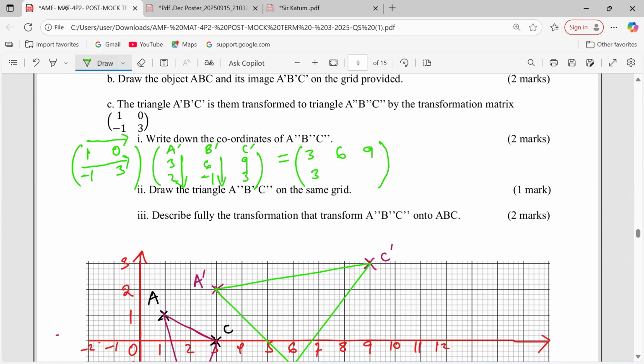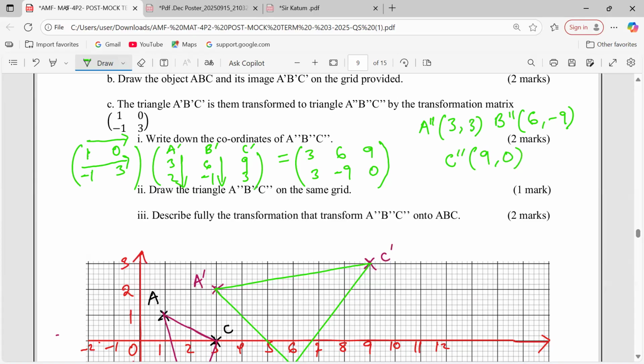So that's negative 6 minus 3, giving us negative 9. And finally, negative 1 by 9 and 3 by 3. That will give us minus 9 plus 9, making it a 0. That way. So now we can list coordinates. A double prime shall be given as 3, 3. Then B double prime, giving us 6, negative 9. And finally, C double prime is giving us 9, 0.